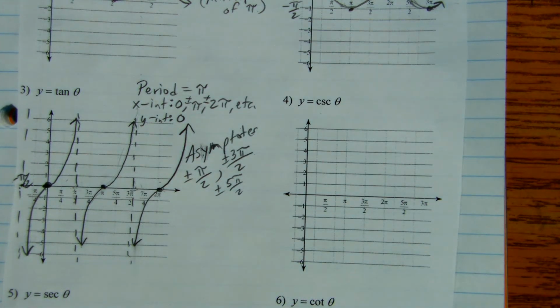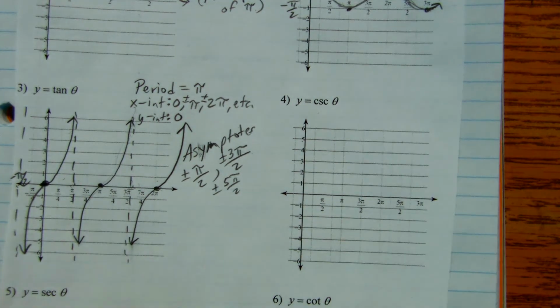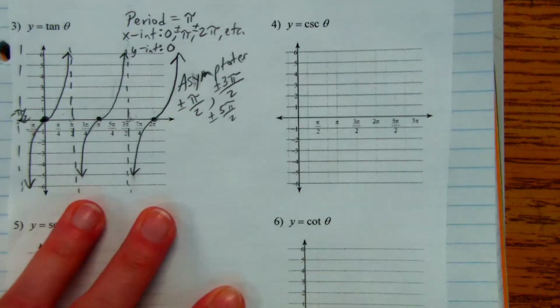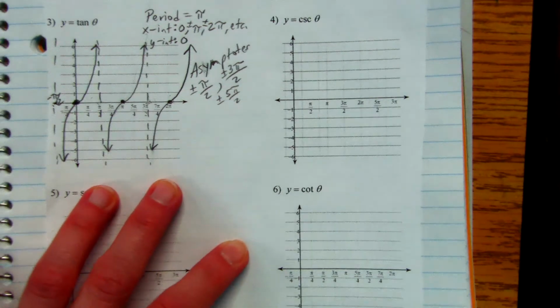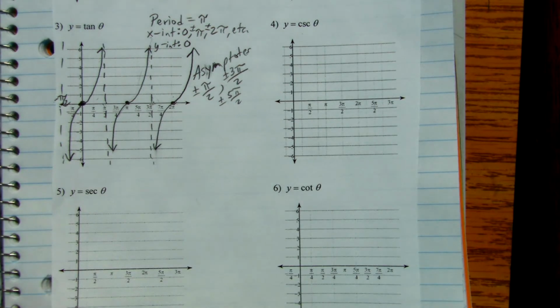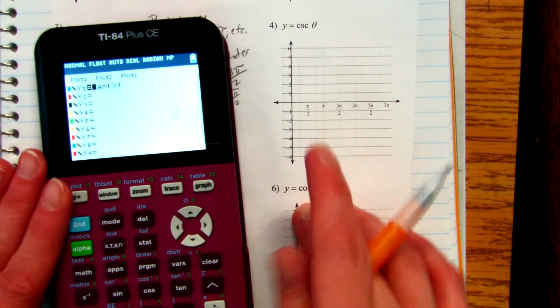Okay, so cosecant. Actually, let's skip around. Let's go down and do cotangent, which is the reciprocal of tangent, just because it'll look similar to tangent. If we go into our calculators and we're trying to do cotangent, I'm doing this one down here at the bottom.